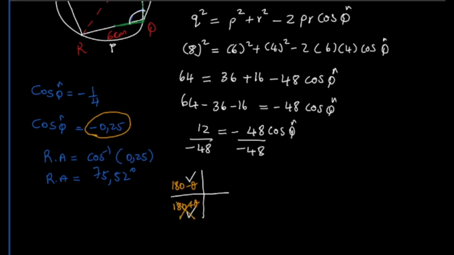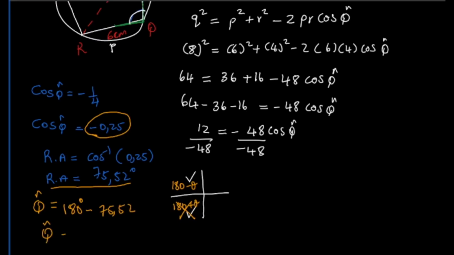This one won't work because it gives us an answer that is more than 180. So we can say that our angle Q is 180 degrees minus your reference angle of 75.52.